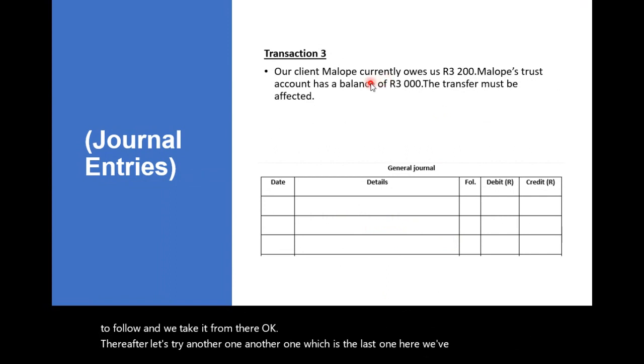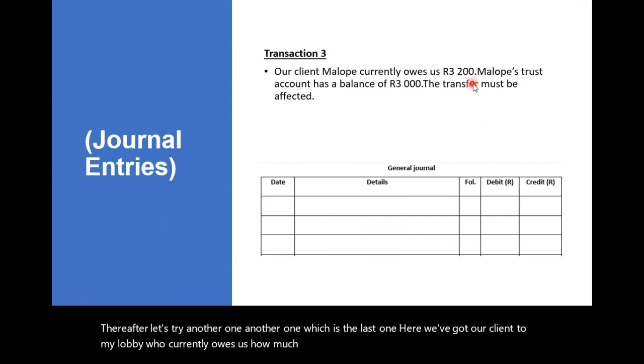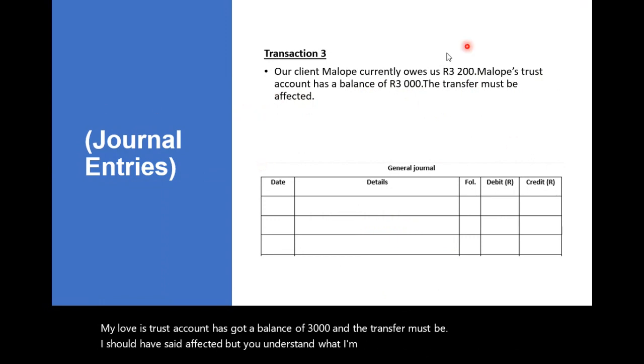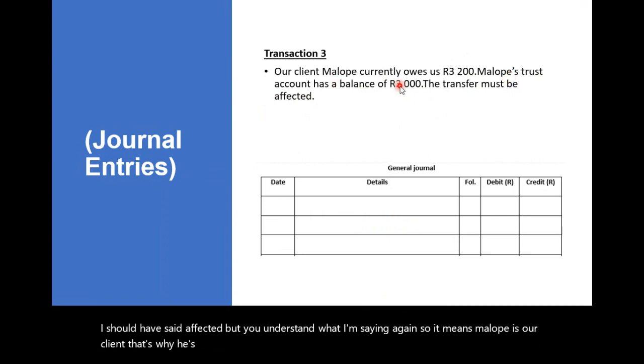Here we have got our client Malopi, who currently owes us how much? 3,200. Malopi's trust account has got a balance of 3,000, and the transfer must be effected. I should have said effected, but you understand what I'm saying. Okay, so it means Malopi is our client. That's why he has got a balance in the trust account.